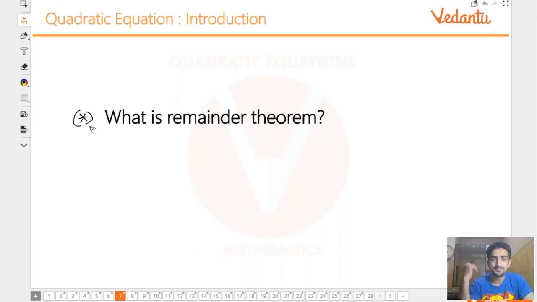As such, I was initially expecting everybody must be remembering that, as I asked you to revise all the concepts. But seeing your response for polynomial definition, it's better I just explain this remainder theorem without wasting my time in asking. Okay, so let us guys understand what is remainder theorem.